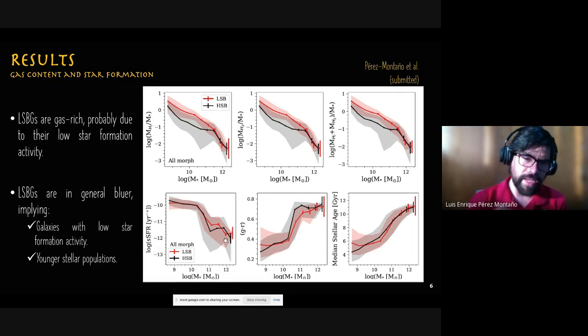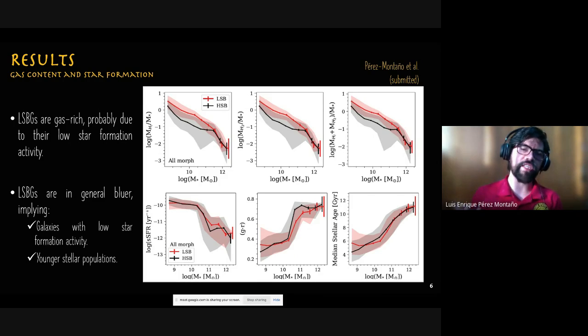This plot is not very clear for us, because for example there is no significant difference here, but then when the stellar mass rises, we see many differences in the specific star formation rates. But when we observe the color and the median stellar age, we found that galaxies have, in principle, slightly younger stellar populations, and they are slightly blue.